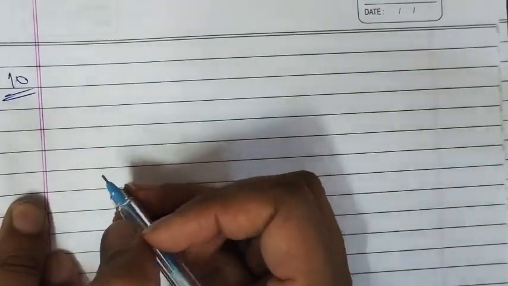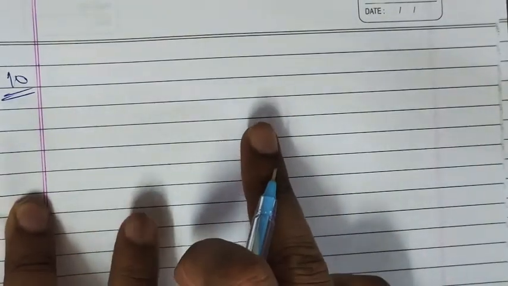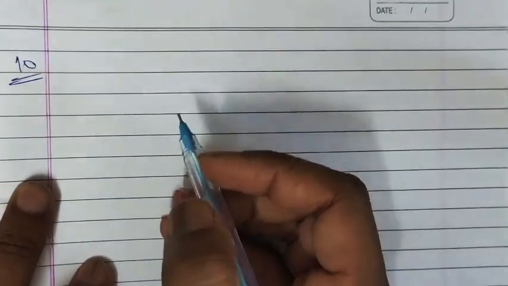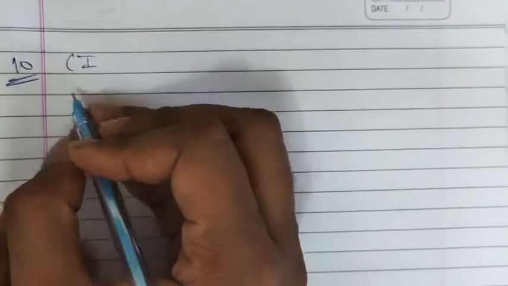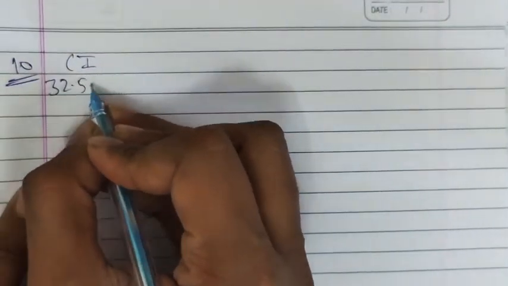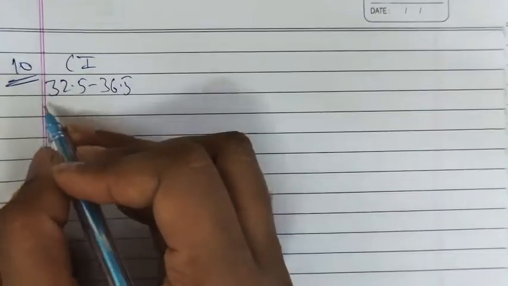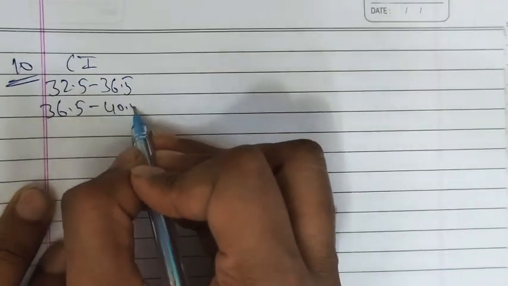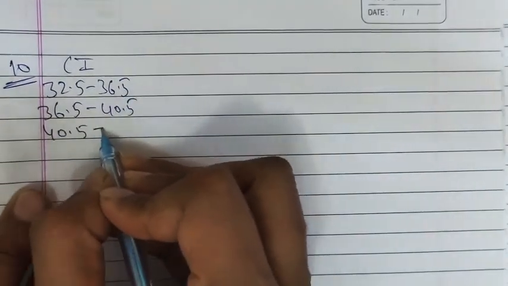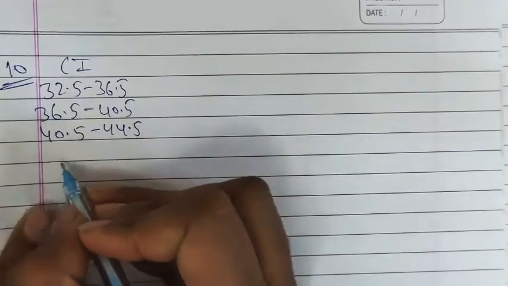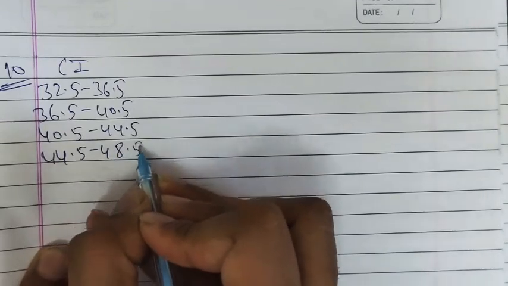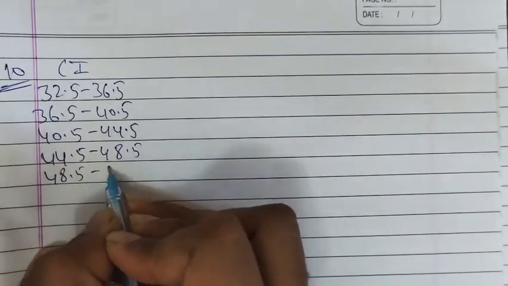In question number 10, as the gaps are not uniform, there is a gap of 1. So let's add 1 by 2 to the upper limit and subtract 1 by 2 from the lower limit. So the class intervals will become 32.5 to 36.5, then 36.5 to 40.5, then 40.5 to 44.5, then 44.5 to 48.5, then 48.5 to 52.5.